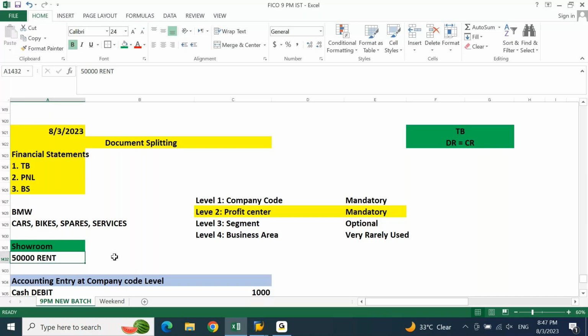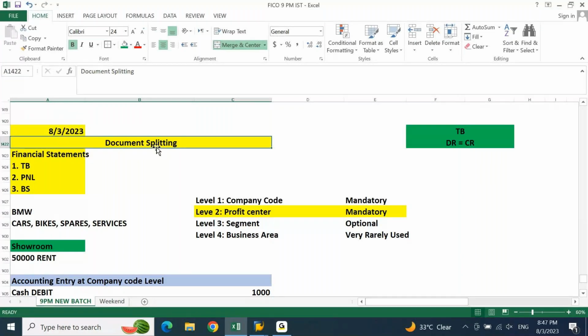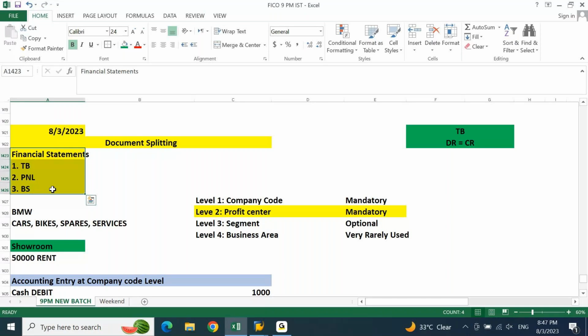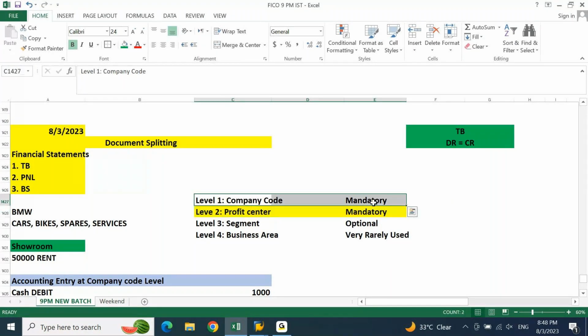Now in short, from this point, what you need to remember, keep in your mind, when you're talking about document splitting, first thing that should strike your mind is financial statement, TB, P&L, balance sheet. This is point number one. Point number two, at what level you are generating your financial statements. Company code is mandatory, ignore the company code. At company code level, there is nothing called document splitting.